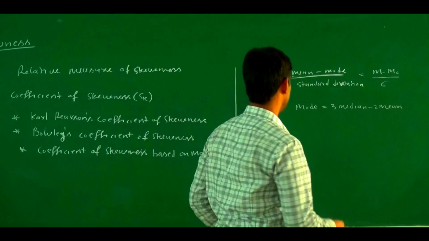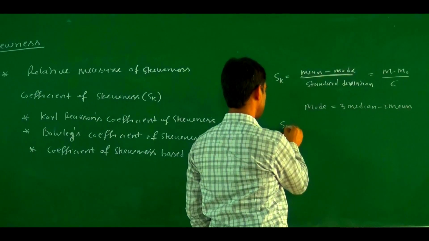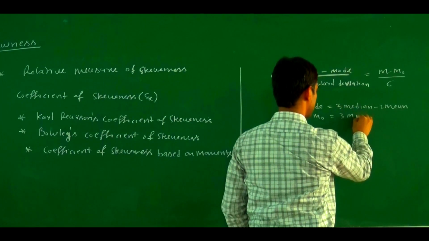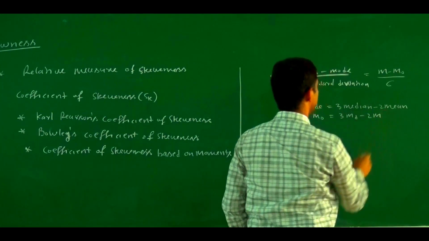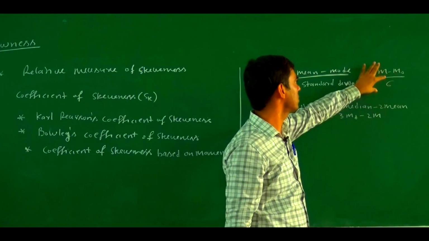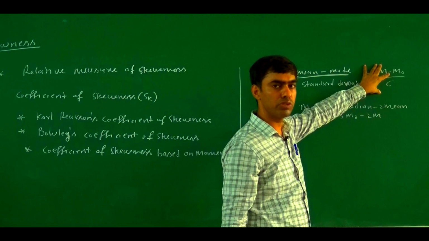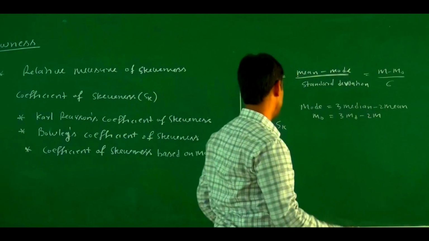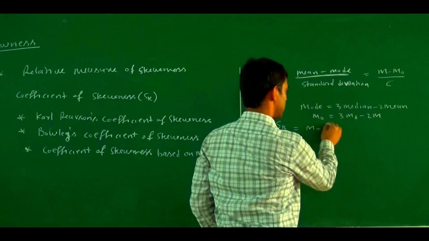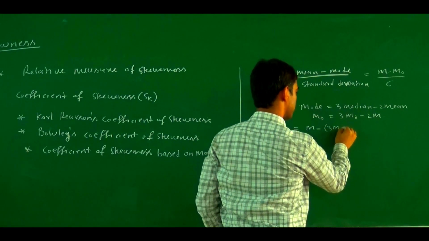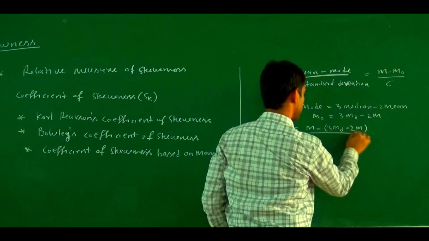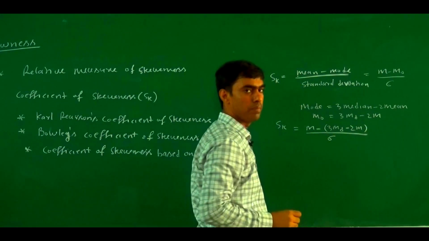So once we put this value in, in terms of notation, MO equals 3 MD minus 2 M. We put the value of mode to find the coefficient of skewness in terms of mean and median. So SK equals M minus 3 MD minus 2 M divided by sigma.